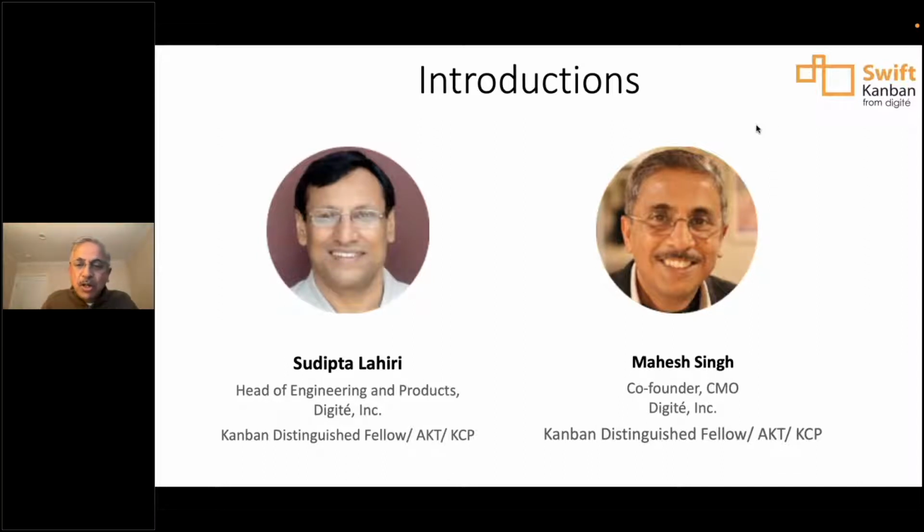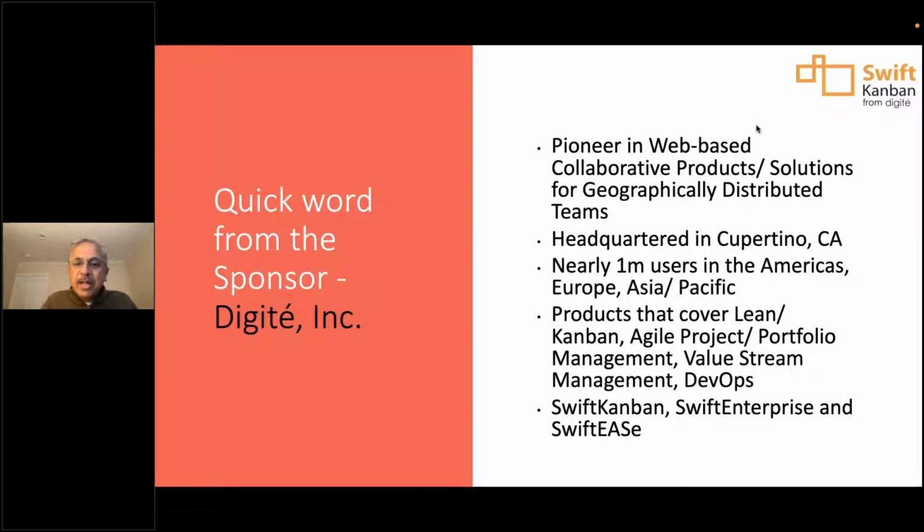So let me give you a quick overview of Digite. Digite has been around for nearly 2 decades, and we have been a pioneer in collaborative web-based applications for remote teams. Digite's acronym, by the way, is Digital Transformation of the Enterprise. So we actually were about 20 years ahead of our time in terms of the buzz that's around digital transformation.